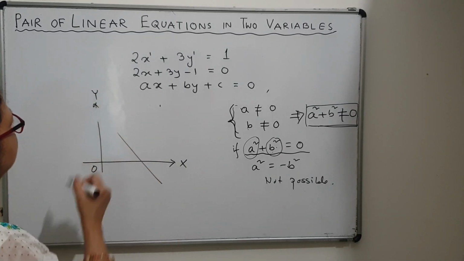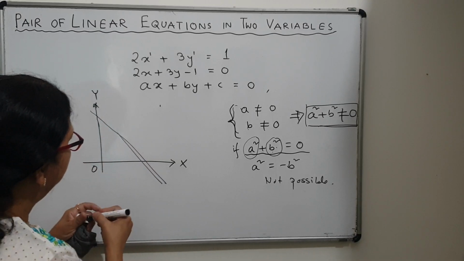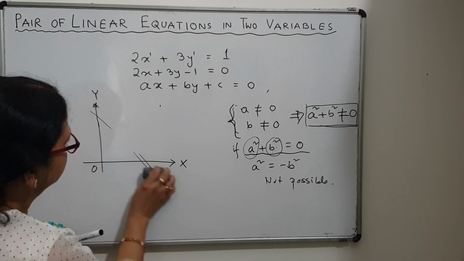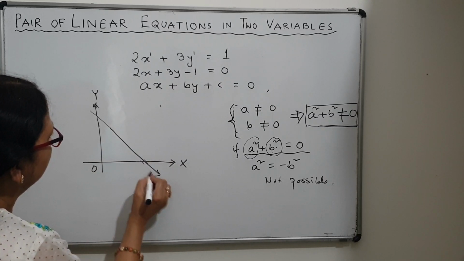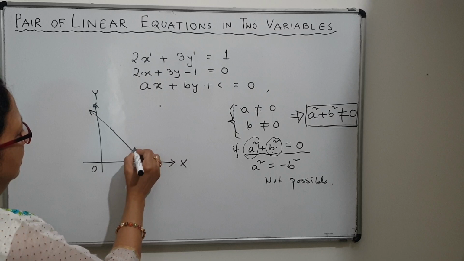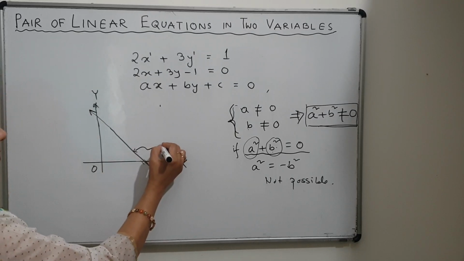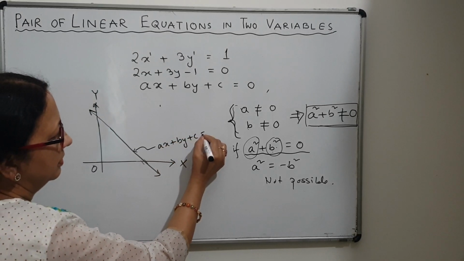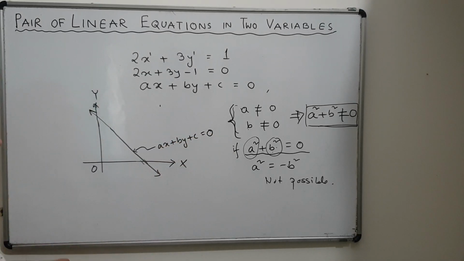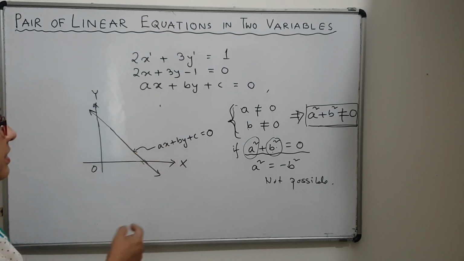Whatever it may be, it will be a straight line for this equation. Let me write in general, it will be better. The graph of a linear equation in two variables will always be a straight line.